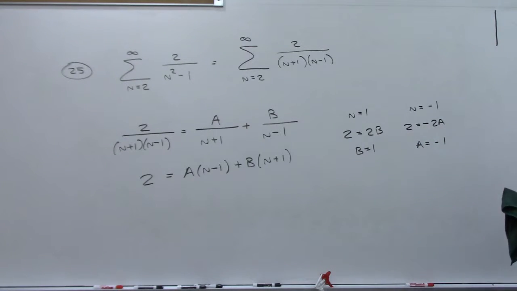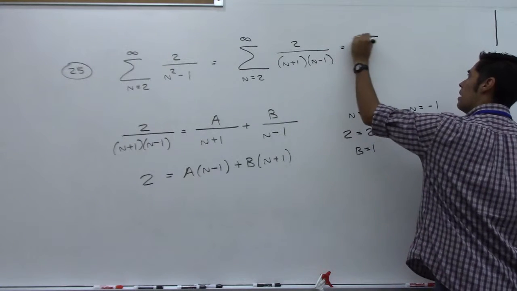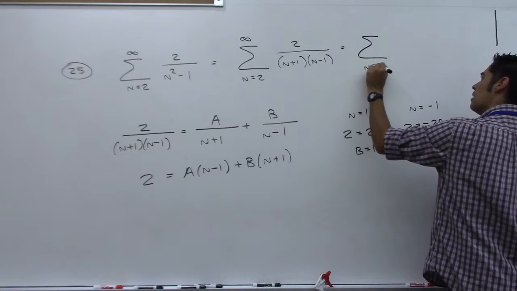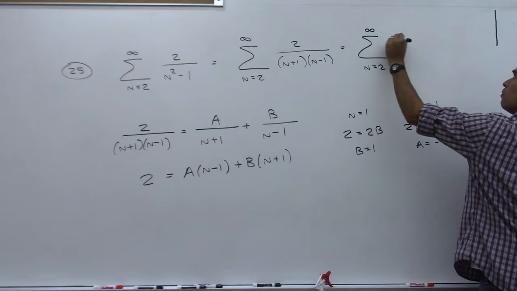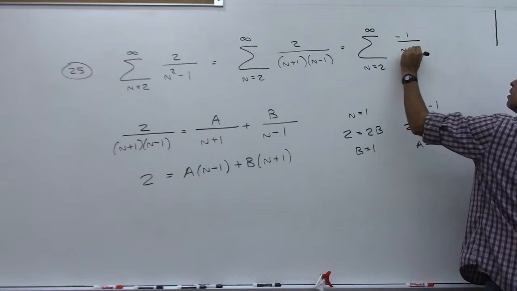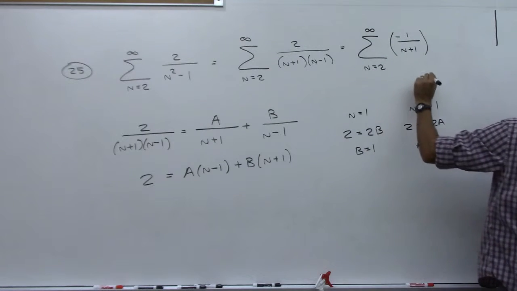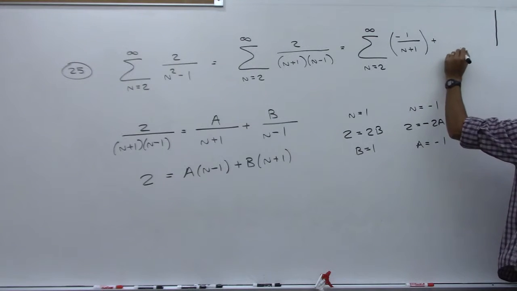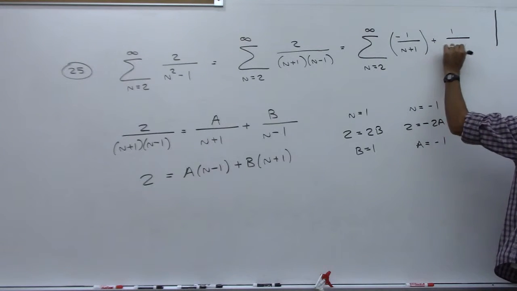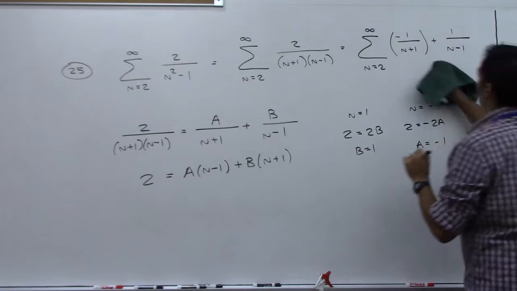All right, so that means I can rewrite this series as the series n equals 2 to infinity of negative 1 over n plus 1, and then over here plus 1 over n minus 1, like that. I'll just leave it like this.